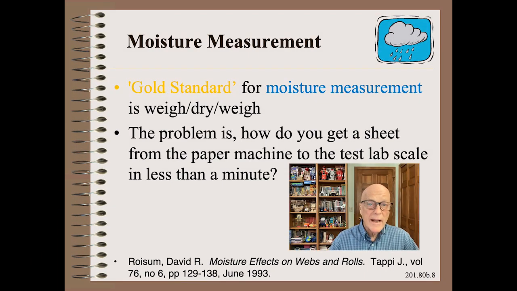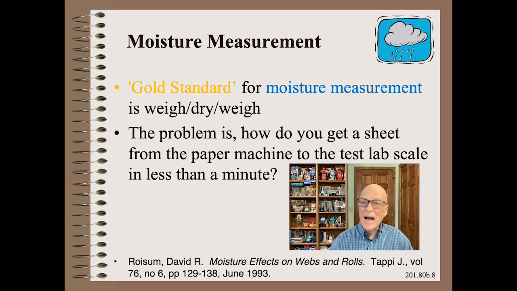The gold standard for moisture measurement is to weigh, then dry, then weigh. However, there are many complications to this simple idea. First, there's no such thing as zero moisture in paper. Rather, zero is a definition of the weight after drying under specified conditions. There is still some moisture remaining.